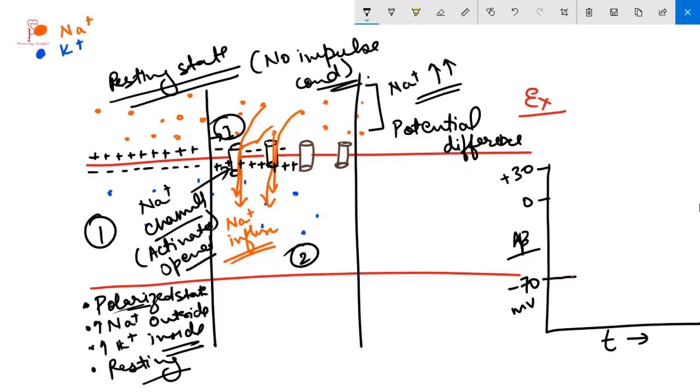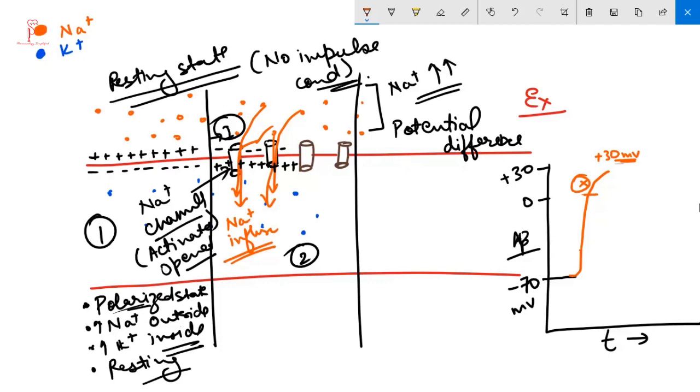Since the charge inside has risen, the graph starts to move up, and it overshoots to approximately plus 30 millivolts.